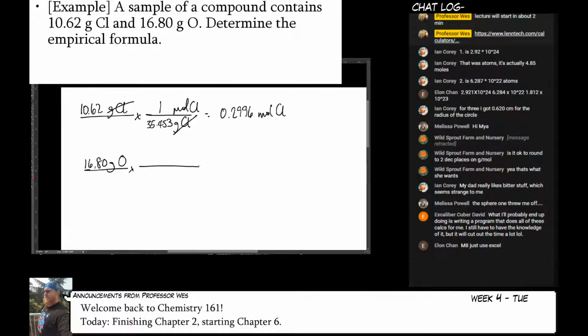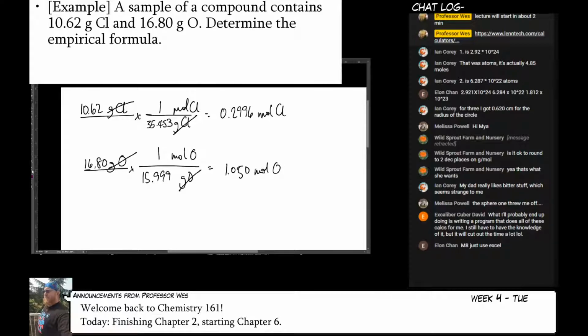And then for oxygen, this is going to be close to 1. Grams of oxygen, moles of oxygen. Is that right? Yeah. Moles, oxygen.